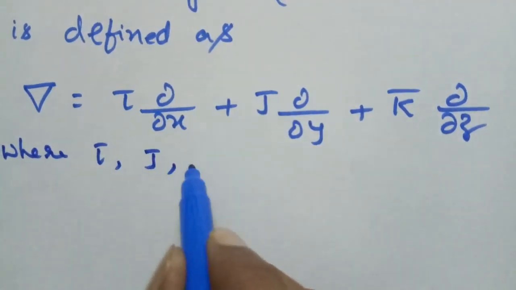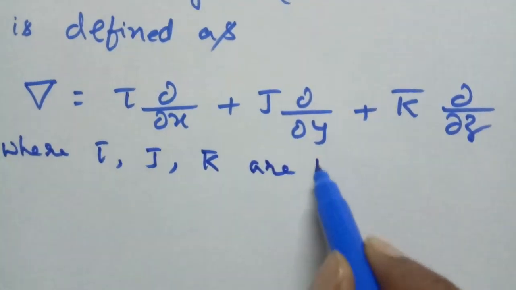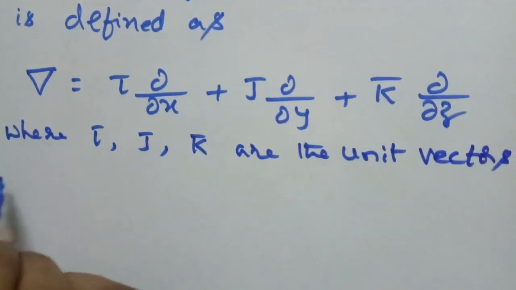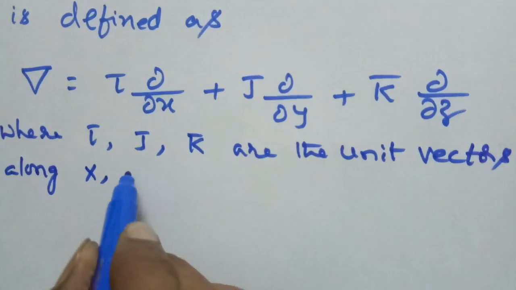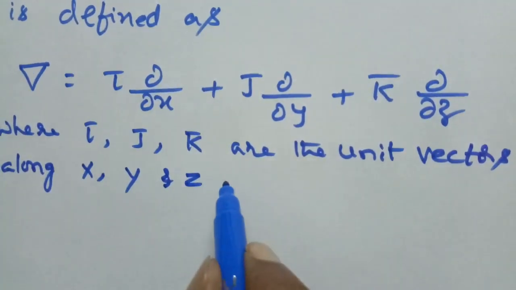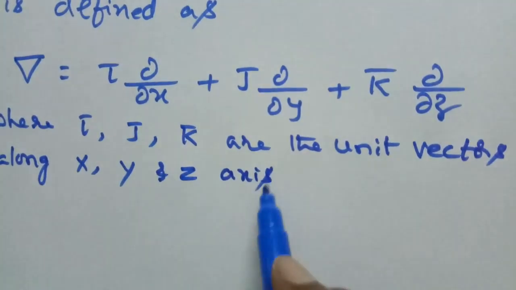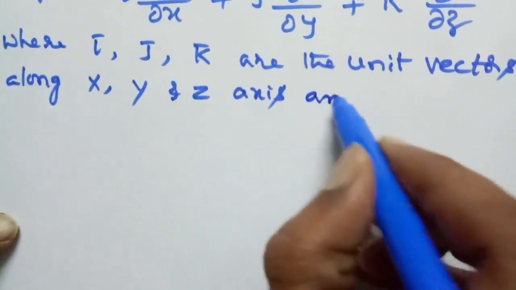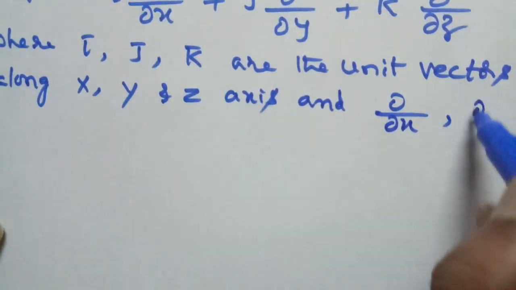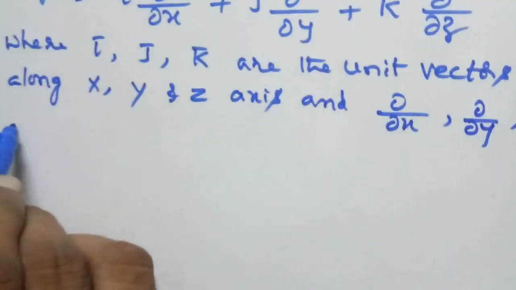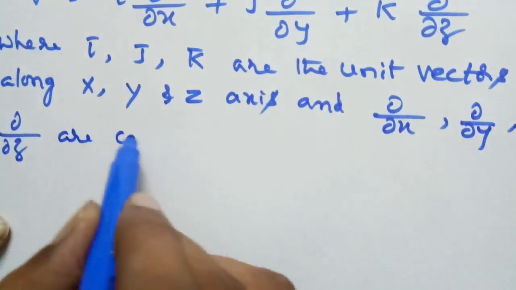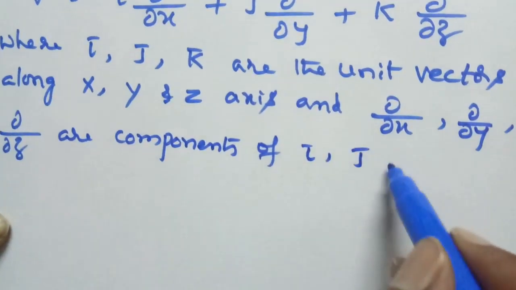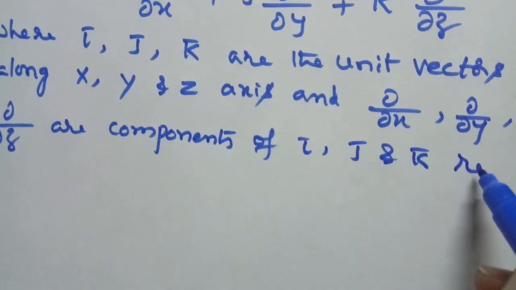i bar, j bar, k bar are the unit vectors along the x, y and z axes, along the x, y and z directions, and dou by dou x, dou by dou y, dou by dou z are the components of i bar, j bar and k bar respectively.